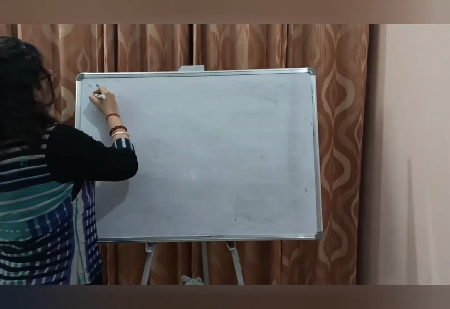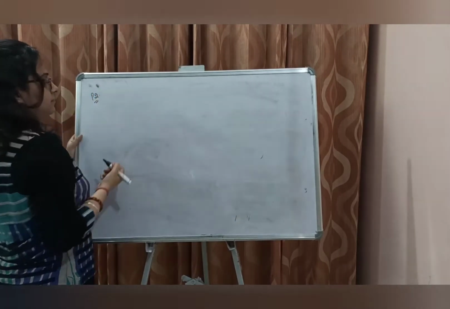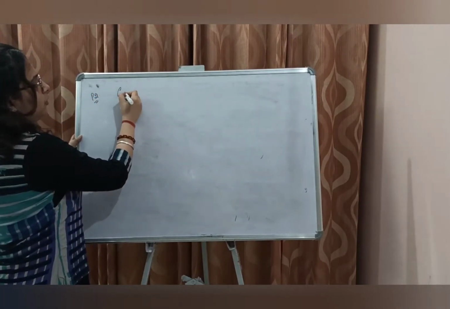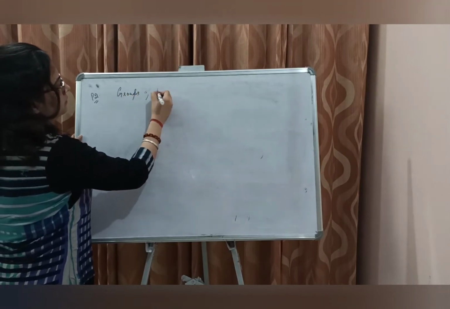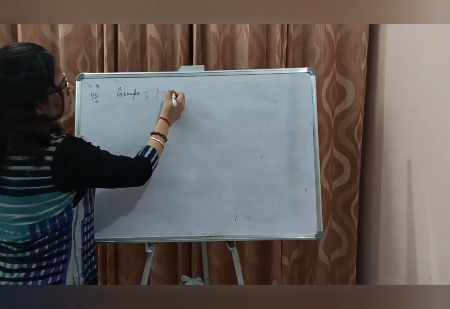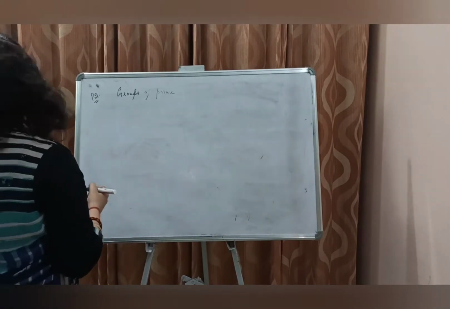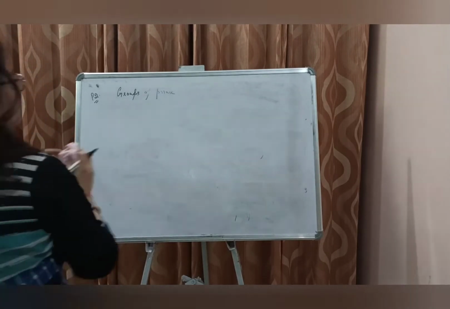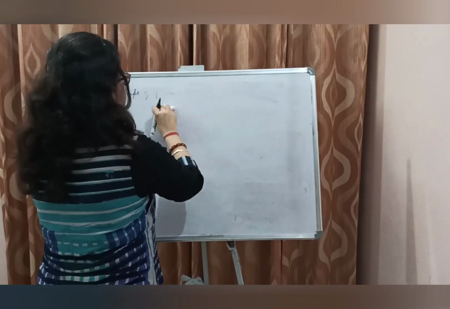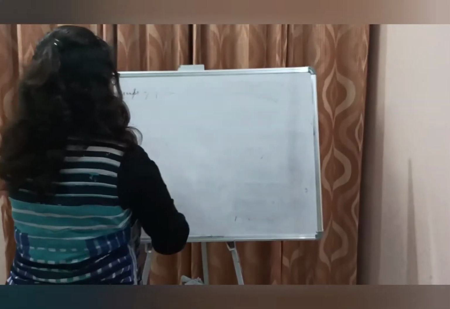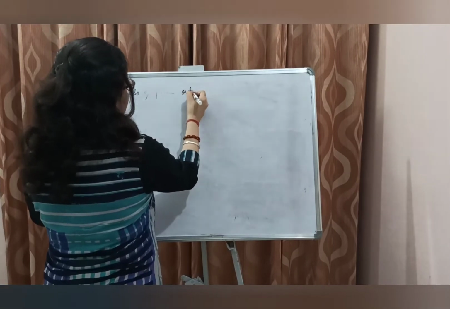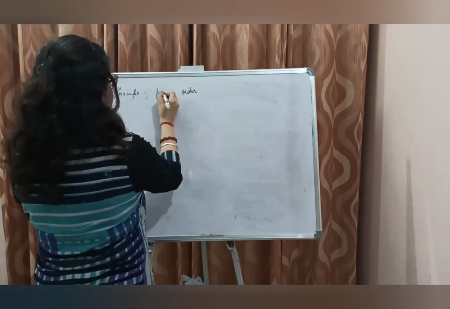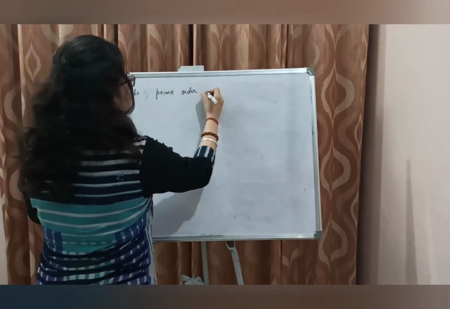Okay, so property 2 says that groups of prime order are cyclic.